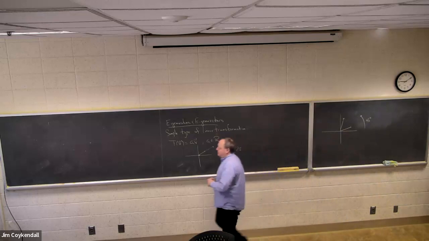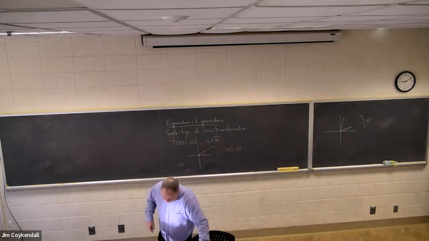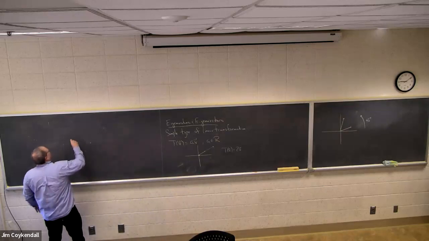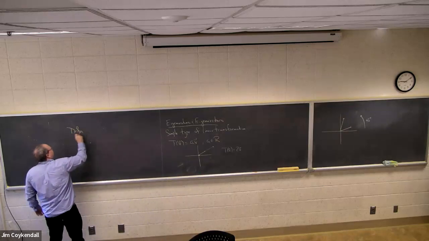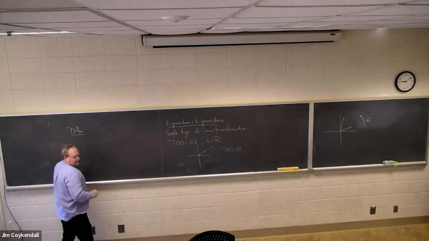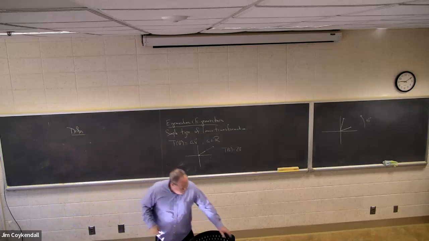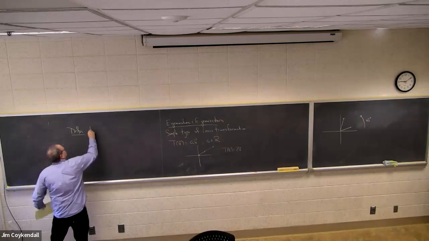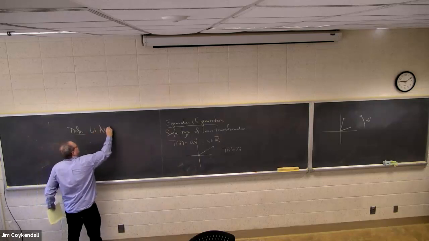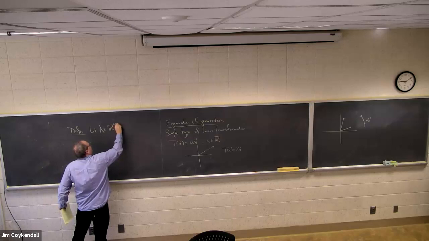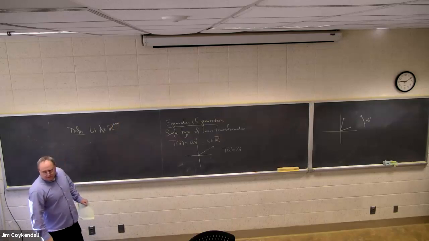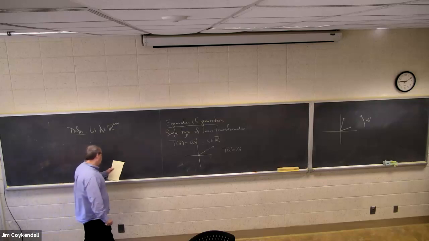Let me give you a definition here. Let A be an n by n matrix. And again, this is just like invertible matrices. When I'm talking about eigenvalues and eigenvectors, I'm talking about square matrices.